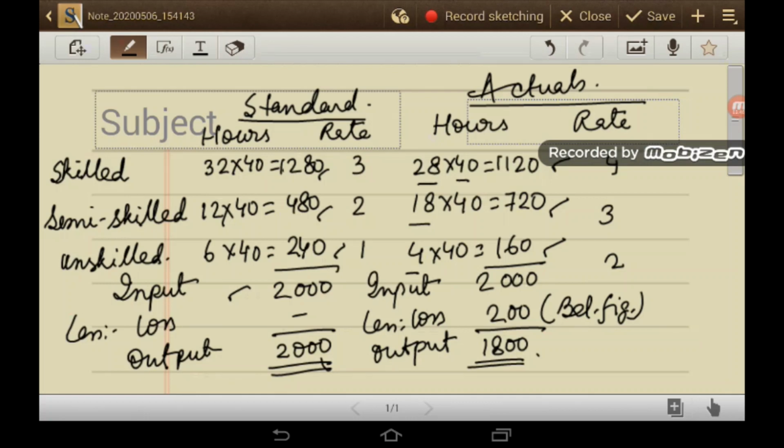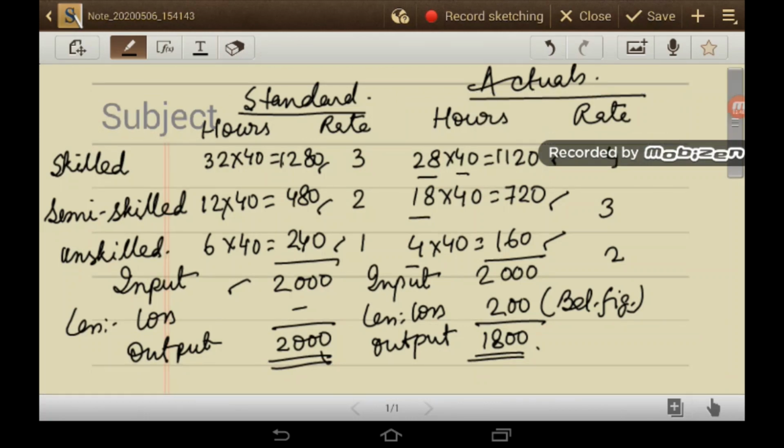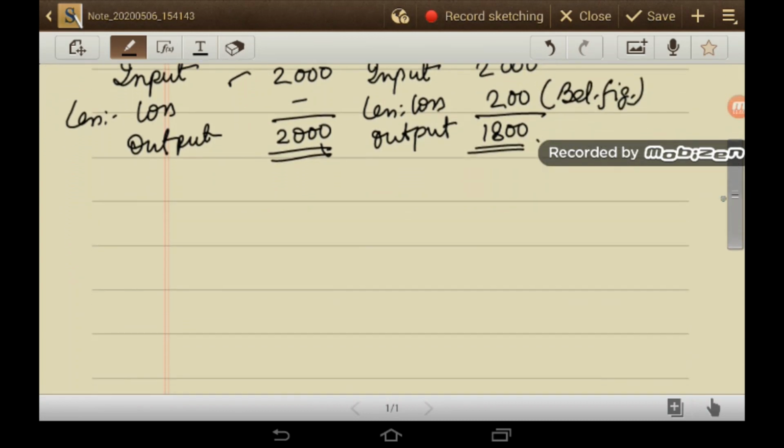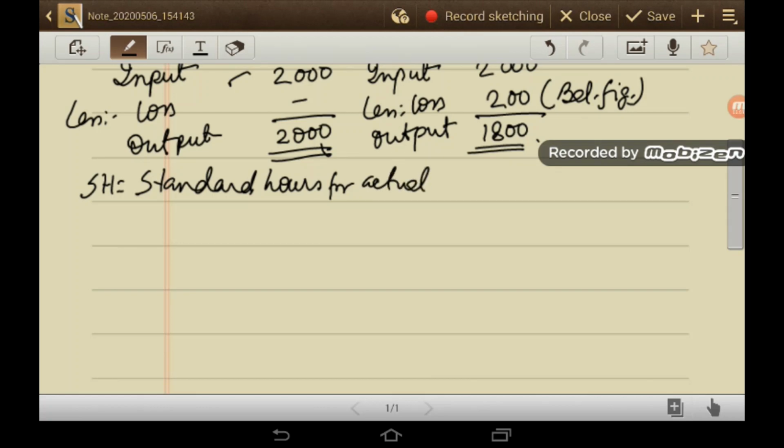Now let me explain how to calculate the standard hours. So SH, this is standard hours for actual output. Now this output can be in production or this can be in hours. In this question it is given in hours.